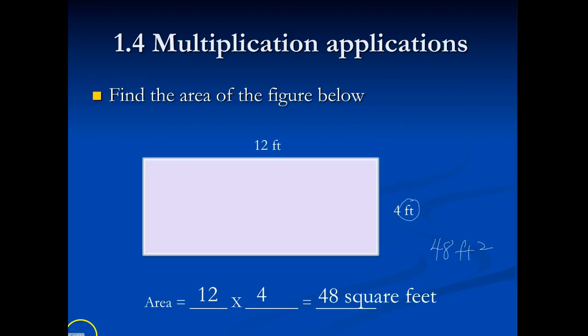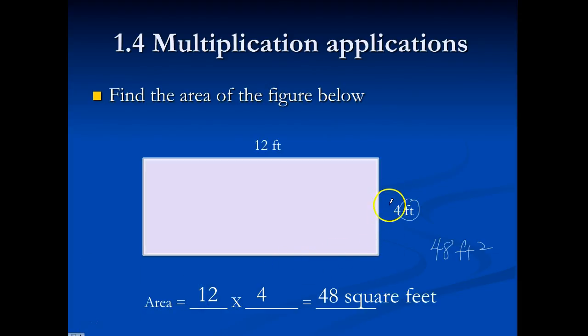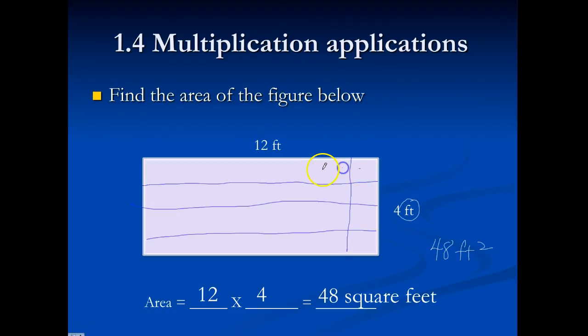And you may wonder why is it that we do that, and I'm going to grab another color here and I'll try to show you. Maybe blue would show up here. If you were to divide this up into squares and pretend those are straight lines, since this is 4 width, if you had 4 here, and then if you had 12 going across, let's just say that was 1, and let's just pretend that if we went across, we'd have 1, 2, 3.